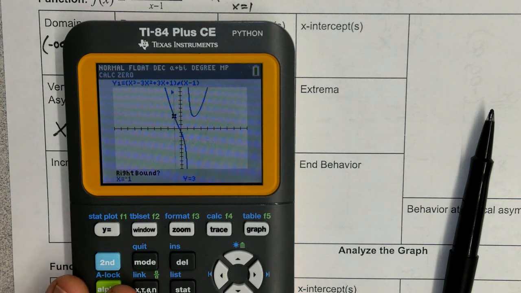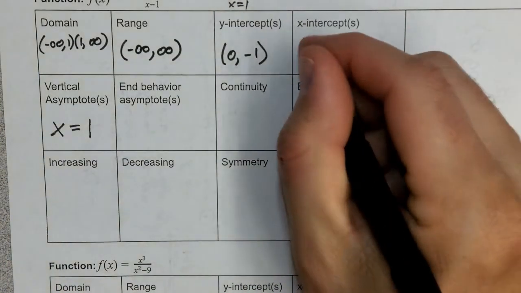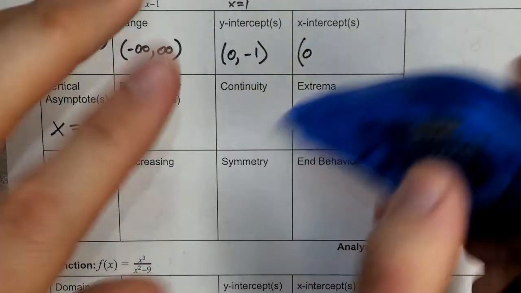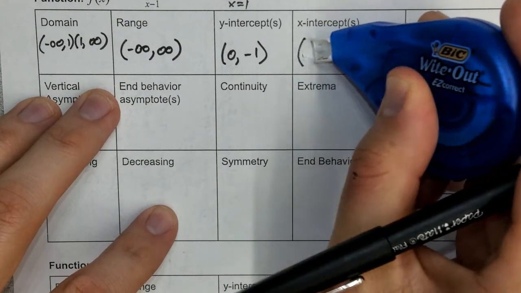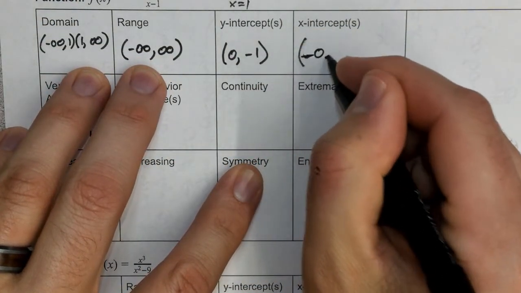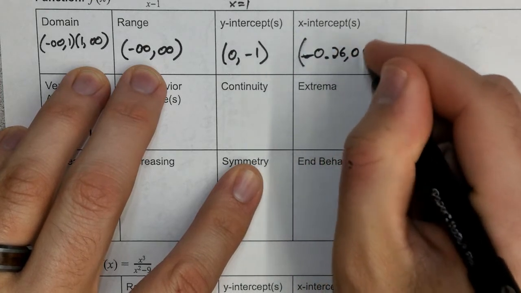Pick a point to the right, so maybe something like 0. You can see that the x-intercept is between those values, so I'll hit enter. And it tells me that the zero is at negative 0.259, so we will put negative 0.26. And we always write these as a point, so this is 0, darn it, no, negative 0.26, comma 0.